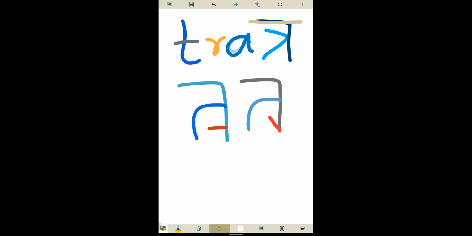You have a slanting or curved line going up to the left side. This is tra. And another tra, you have a horizontal line, a vertical line, again two parallel horizontal lines joined with that vertical line. Okay. This is also tra. So we have two variations you can see.